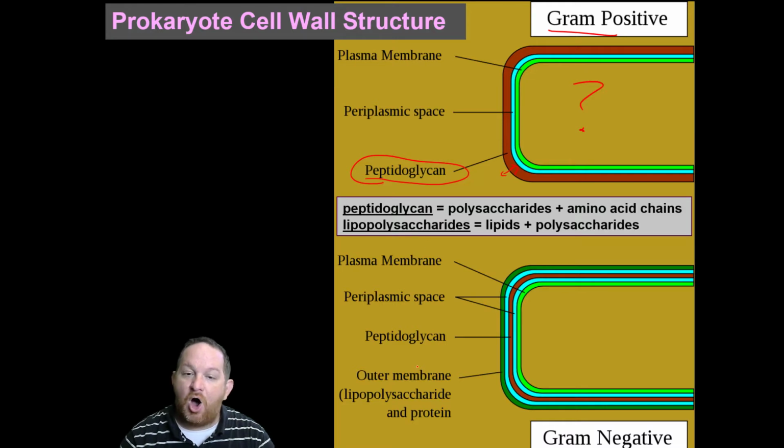Lipopolysaccharides are basically lipids and polysaccharides together. So we find that in general, bacteria fall into one of these categories, gram-positive or gram-negative. The gram-positive bacteria have this thick wall of peptidoglycan on the outer part of their cell wall. Whereas gram-negative have just a small bit of peptidoglycan, and they have these lipopolysaccharides on the outside.